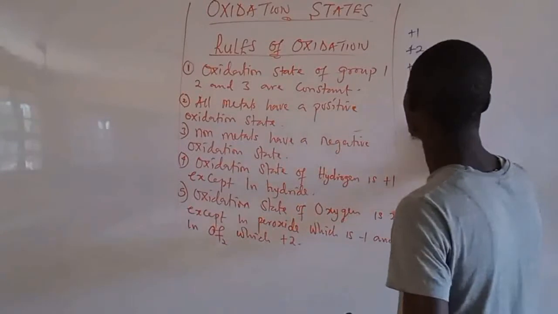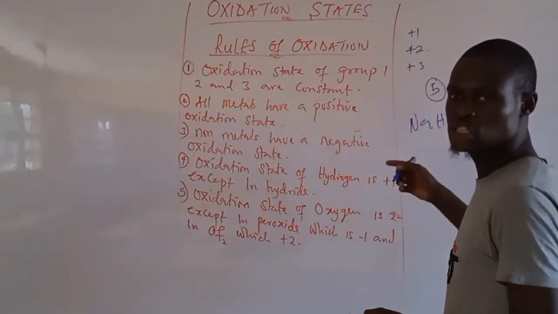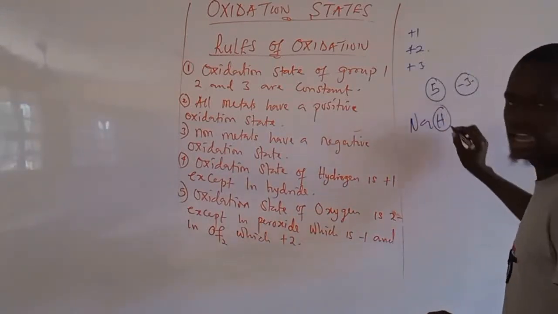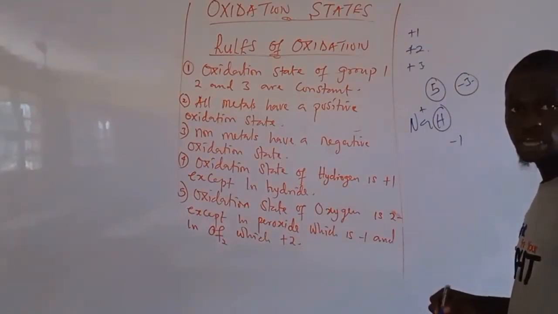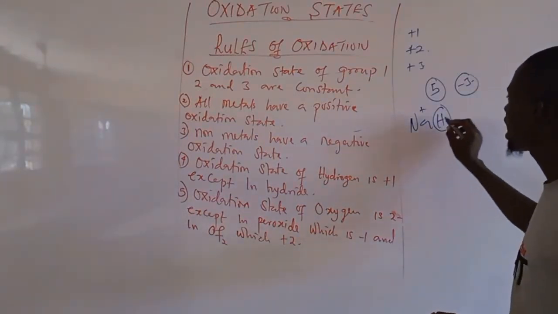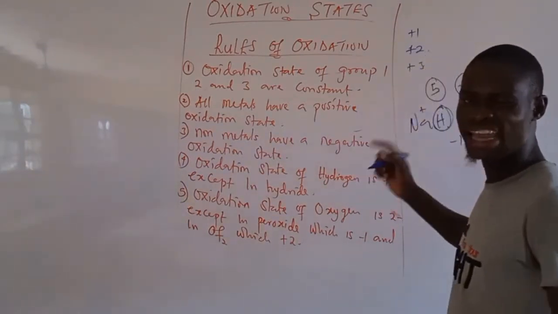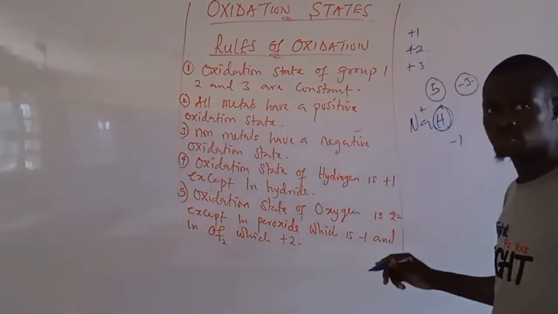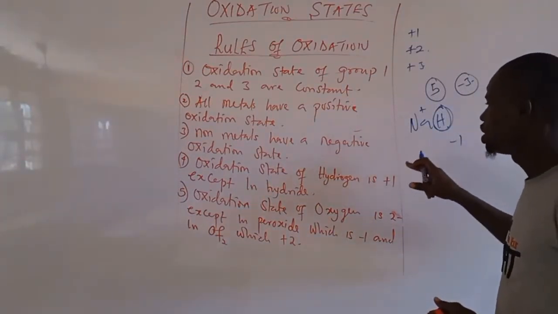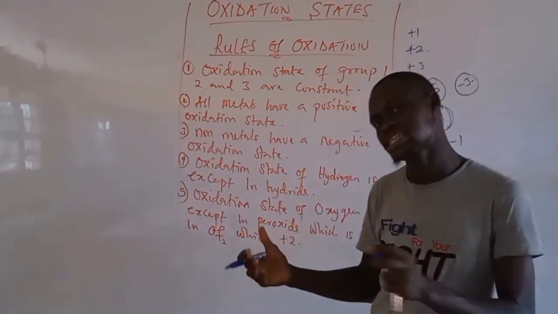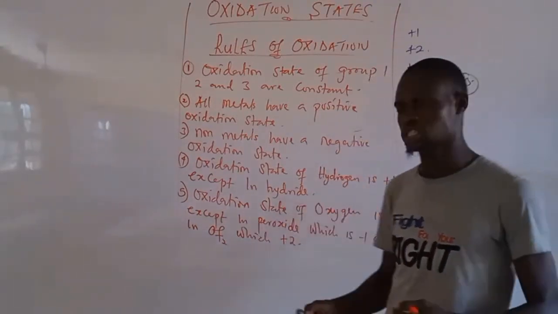For example, in sodium hydride, NaH, or calcium hydride, the oxidation state of hydrogen is -1, while sodium is +1. This shows that in a hydride, hydrogen is more electronegative than sodium. That's why hydrogen has -1, while in other compounds except hydrides, hydrogen has +1.